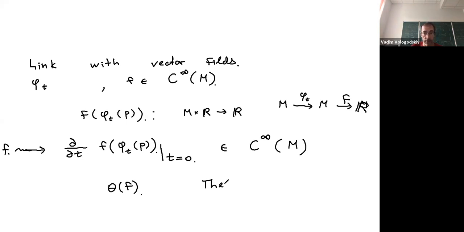Then theta of f times g is equal to f times theta of g plus theta of f times g.